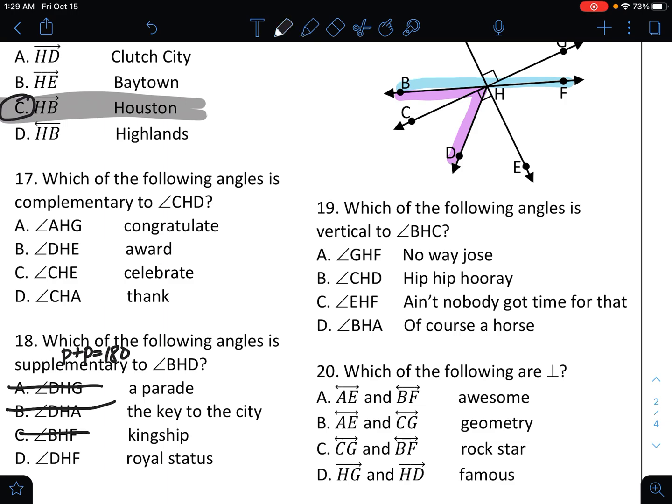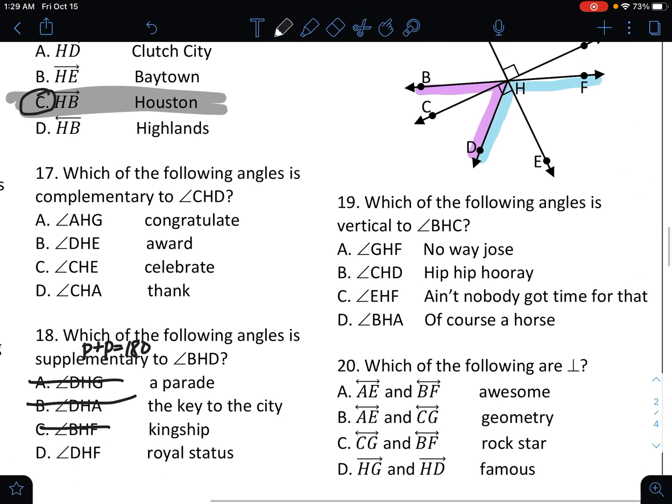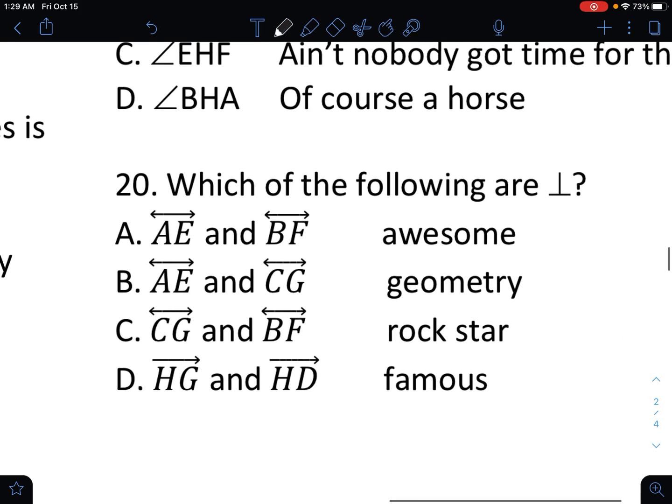Hope it's DHF. If not, this is a mistake. All right, perfect. That's the one we needed, and this is definitely a straight line, so we are good to go. So for number 18, put royal status.